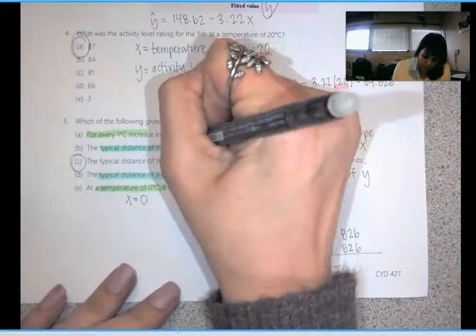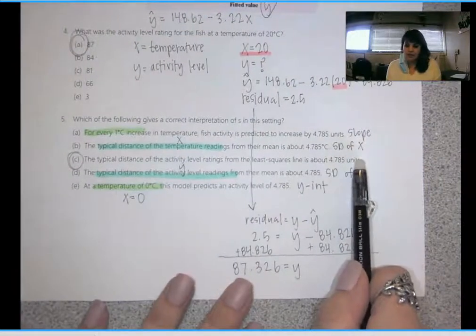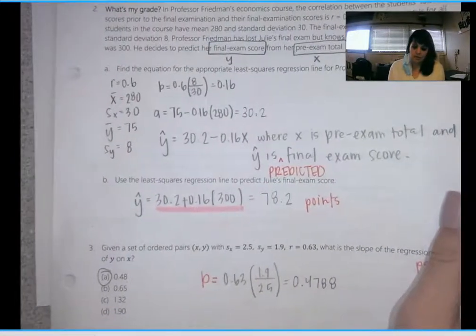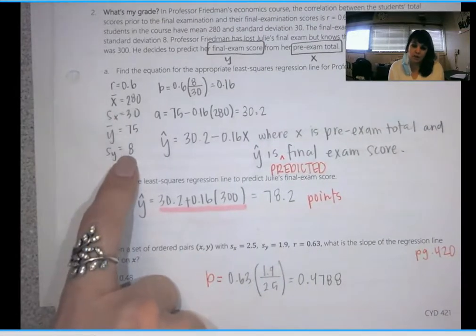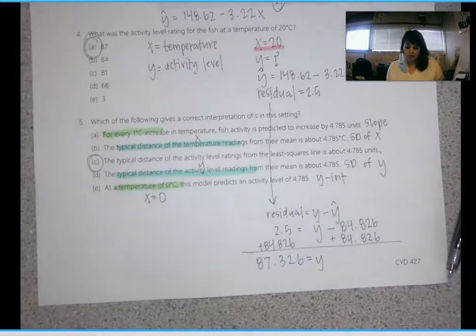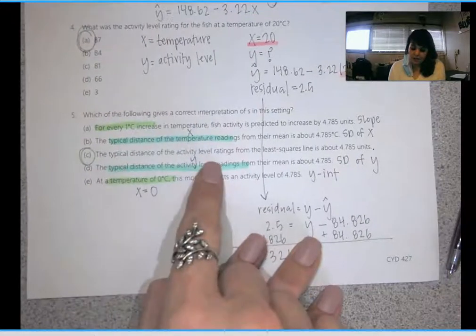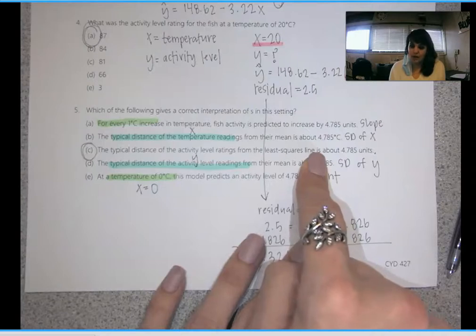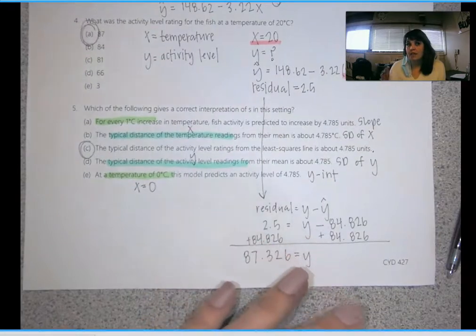So temperature was X, activity level is Y. You saw standard deviation of X, standard deviation of Y in this lesson. Right here, you use S of X and S of Y to calculate your LSRL. So it would have to be this one. And what this is saying is it's the typical distance from the line, which is the same thing as our sentence frames, the typical distance from the actual value.